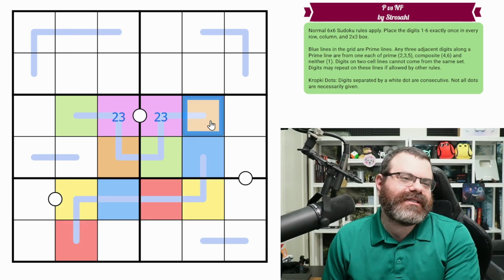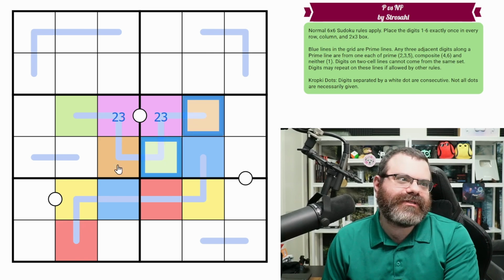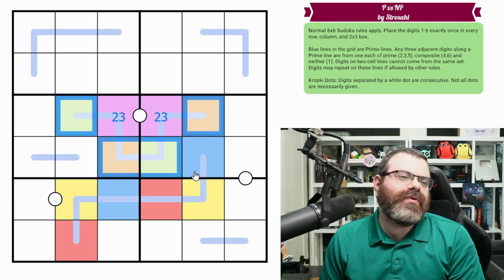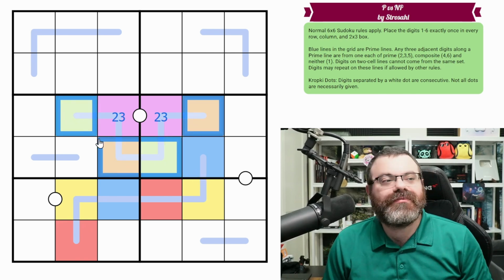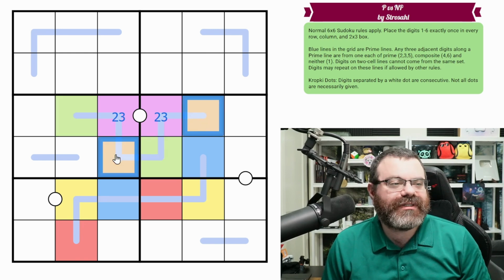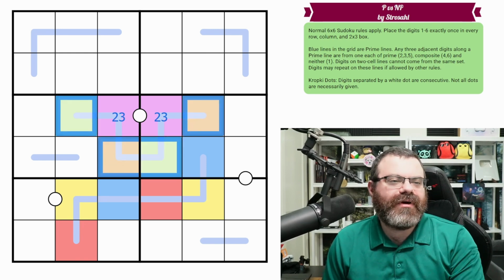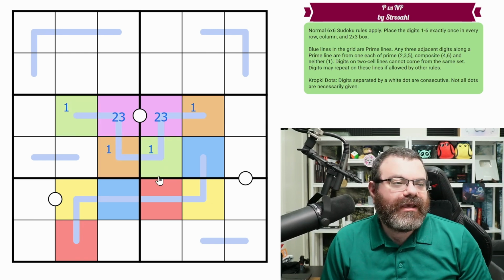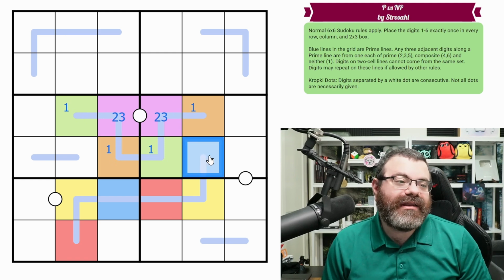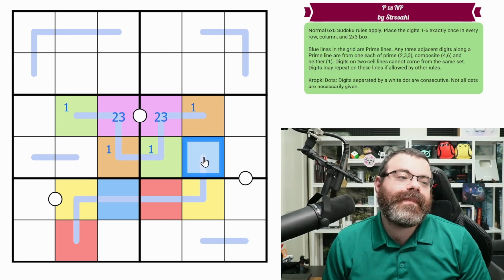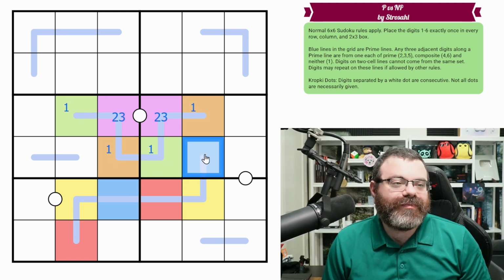Okay, I'll leave this, but there's an interesting deduction here, because we know that either the green or the orange is the singular 1 group, meaning that either this is 2 1s or this is 2 1s. So we can actually corner mark that 1s have to end up here. And that actually means that blue cannot be the 1 group because this can't be 1.